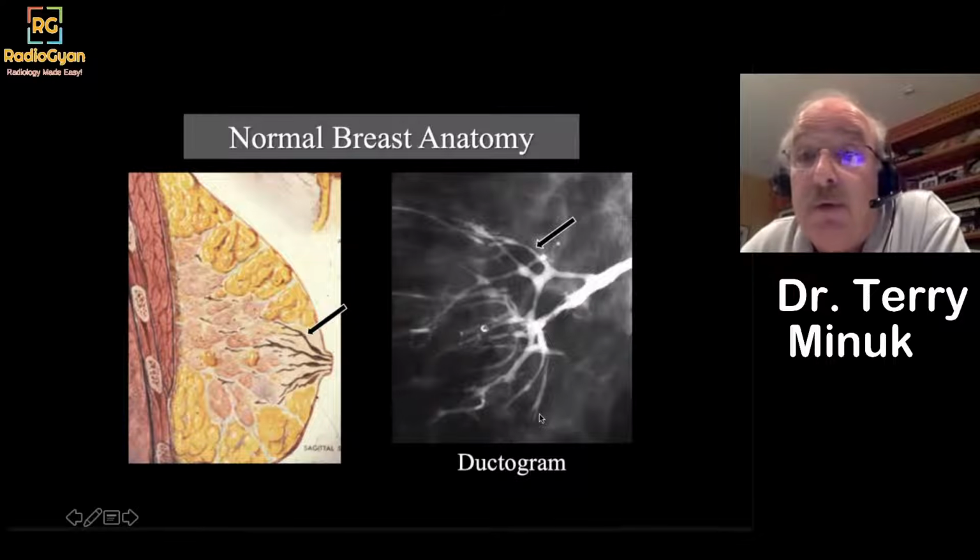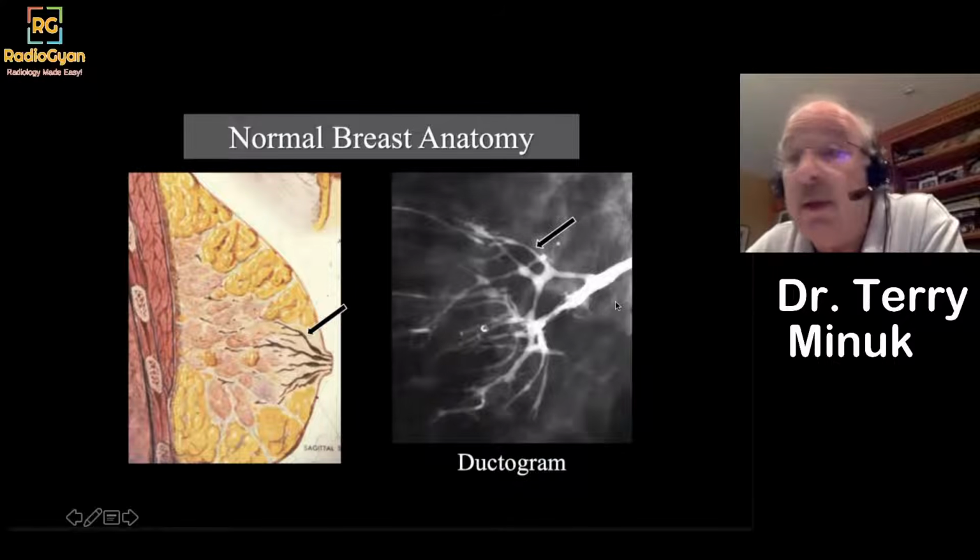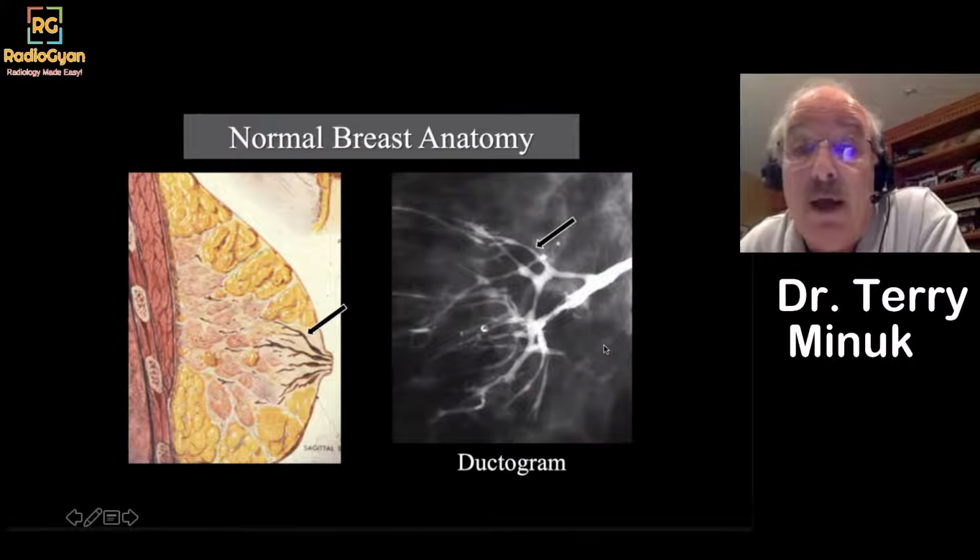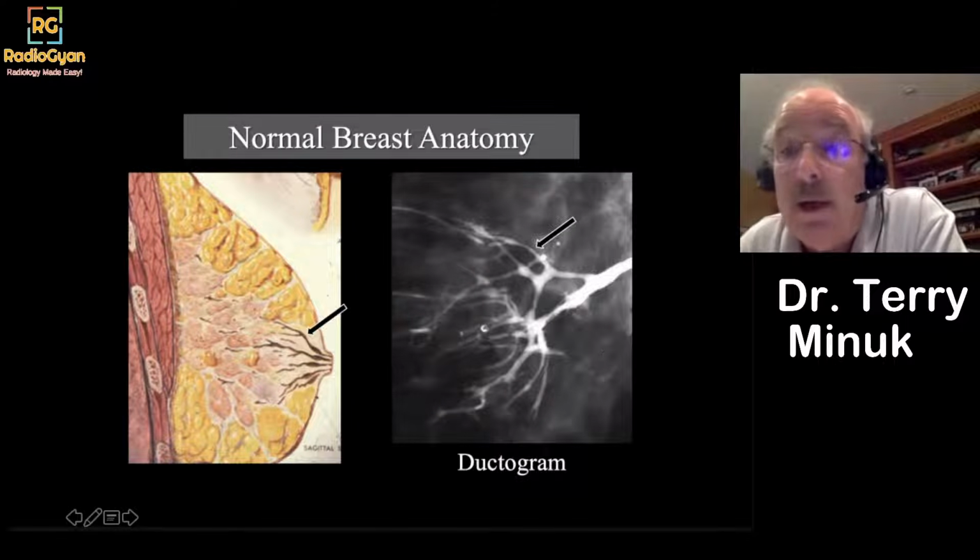So you'll see some ducts going to 12 o'clock and some to 6 o'clock. And if you had calcifications in that one segment, they may go from 12 o'clock to 6 o'clock. On a mammogram, you would think that's multi-segmental, being in the upper half and the lower half of the breast, when in fact, it's really the same segment. You just can't tell.